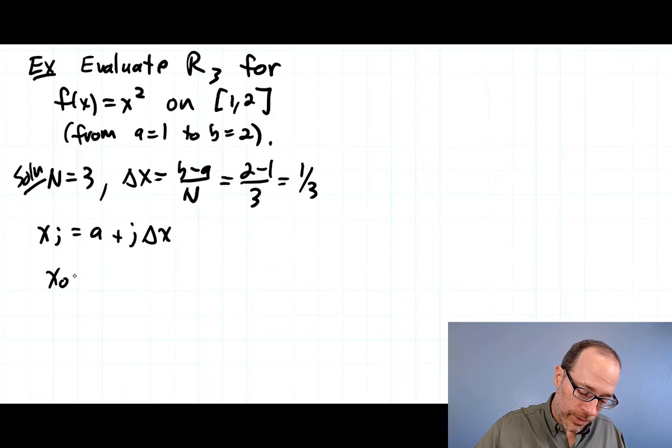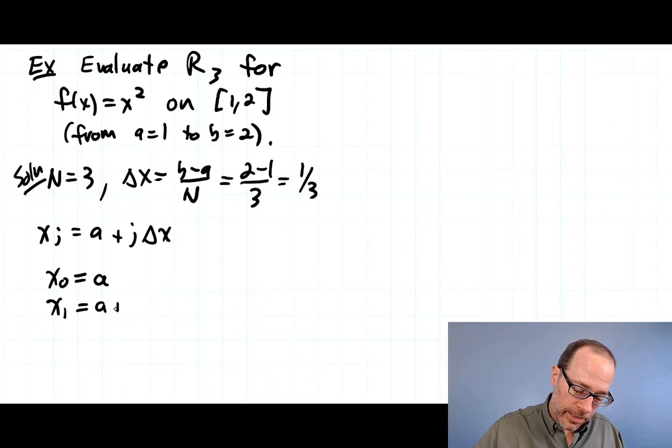So even though we don't need it, x0 will be a, x1 will be a plus 1 times delta x.